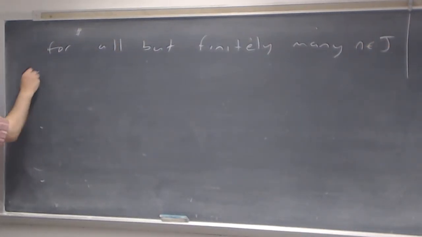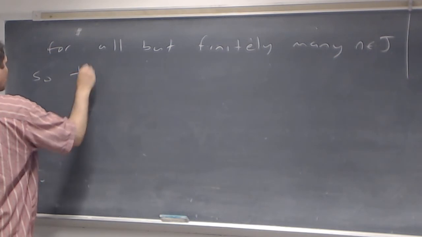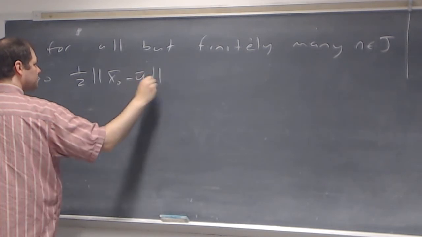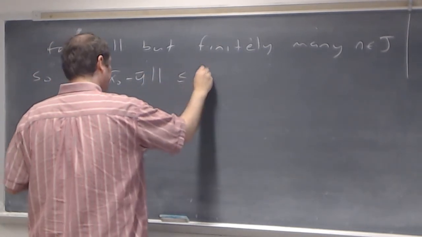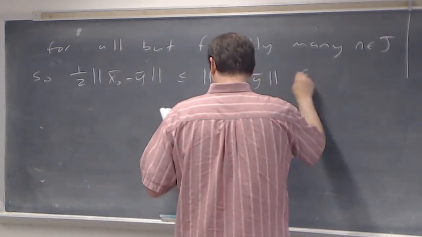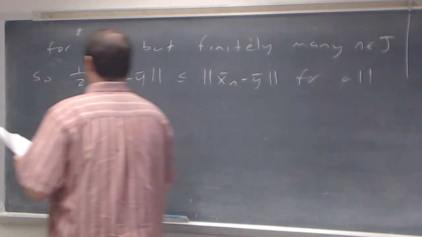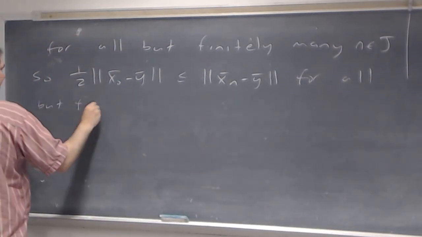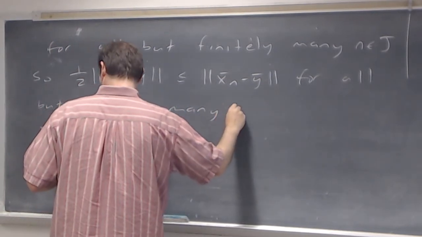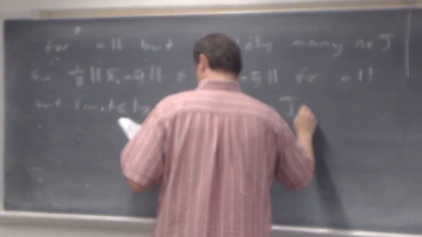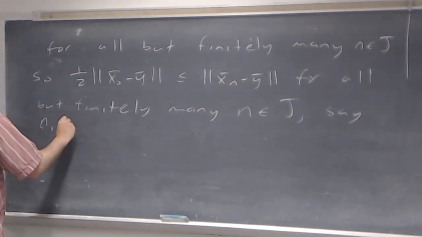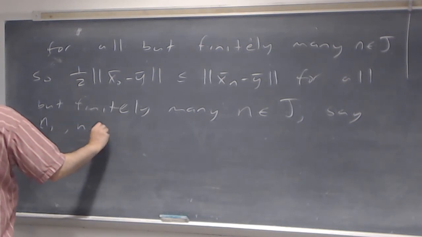Okay? So if we simplify that left-hand side, we just get 1/2 the distance between x sub naught and y is going to be less than or equal to the distance between x sub n and y for all but finitely many n, the natural numbers. And let's say the particular ones are n sub 1, n sub 2, up to n sub j.